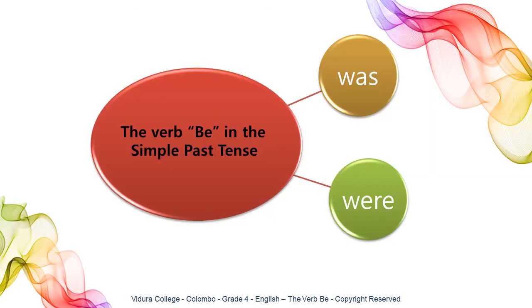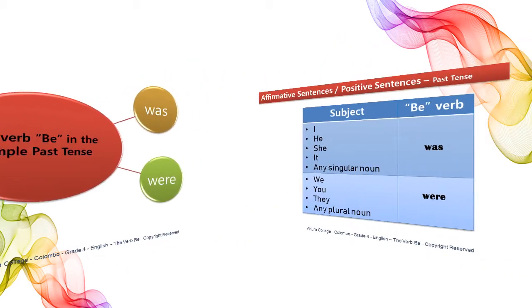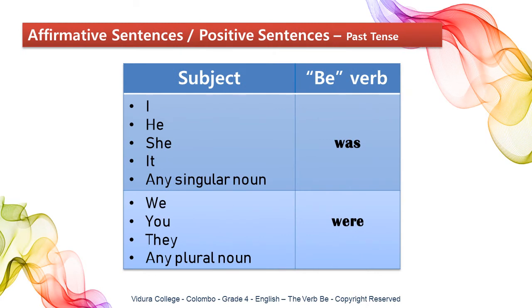My dear kids, there are two main be verbs in simple past tense. They are was and were. Let's see how we can write affirmative sentences using be verbs in simple past.